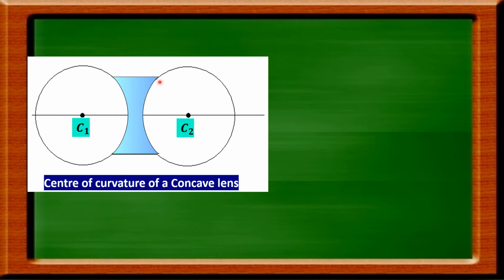Similarly, take the second curved surface. The second curved surface is the part of the second sphere. So C1 and C2 are the centers of curvature of this double concave lens. Okay, C1, C2 are the centers of curvature of this concave lens.